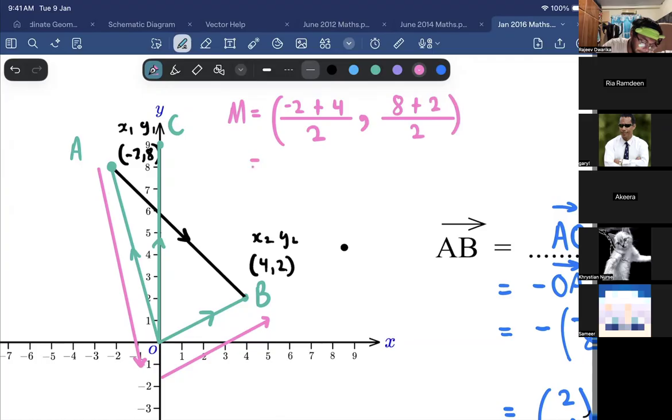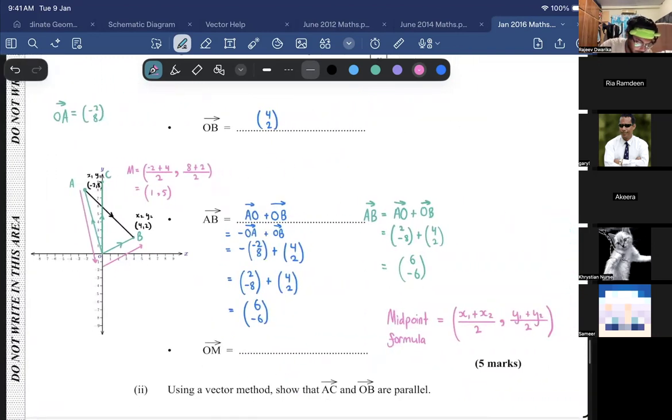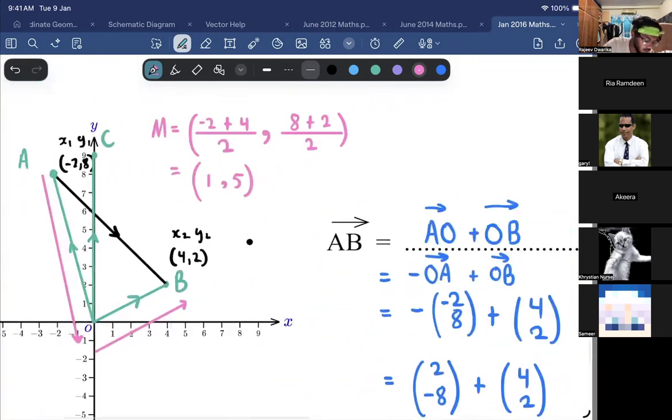What are we going to get? What's -2 plus 4? 2. And 2 over 2 is 1. And 8 plus 2 is 10. 10 over 2 is? 5. Aha. So the midpoint is 1, 5.